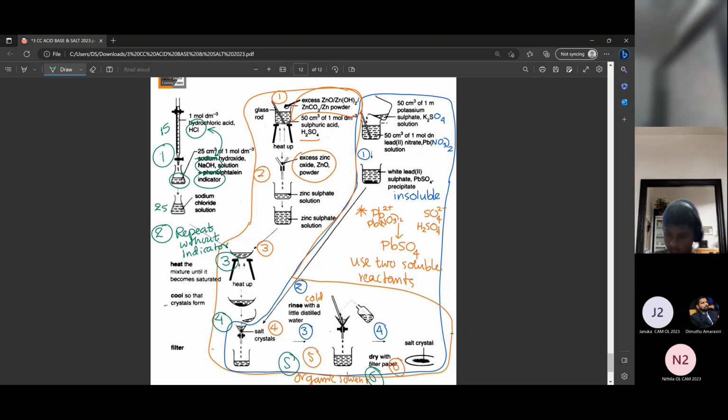Let it cool so that crystals form. Filter the crystals out. Rinse it with cold organic solvent, not distilled water. Dry with paper. Much better. Doing well.